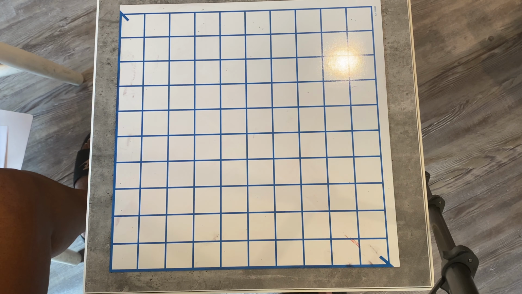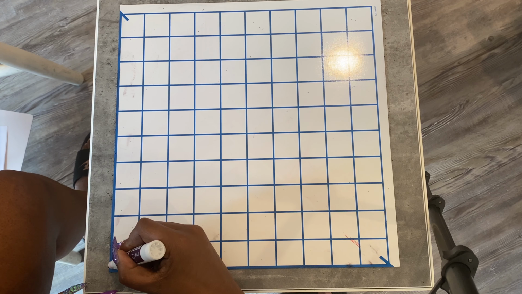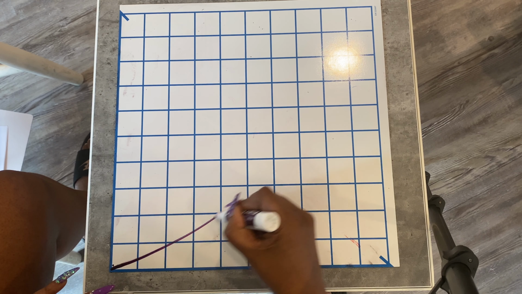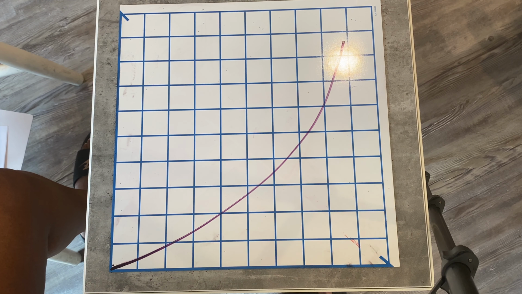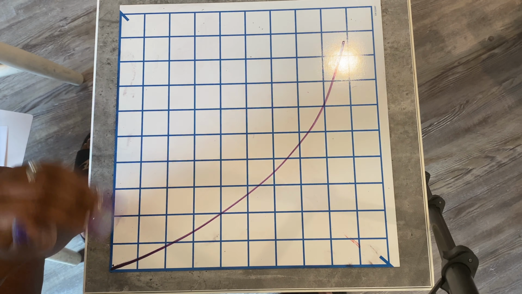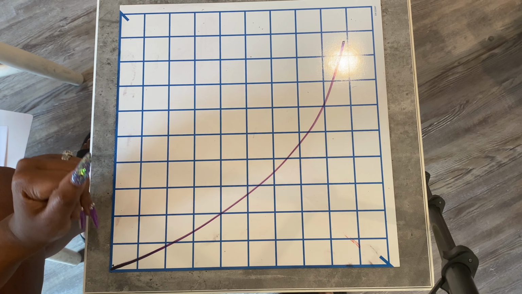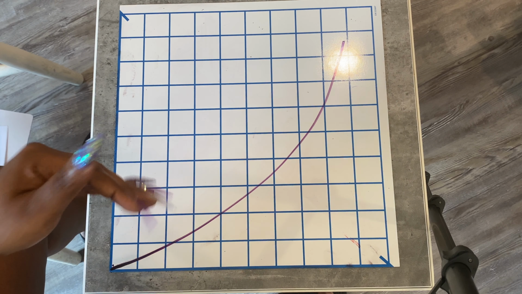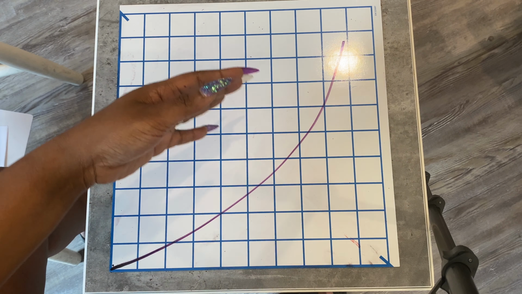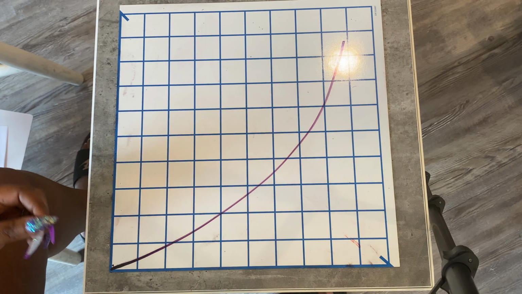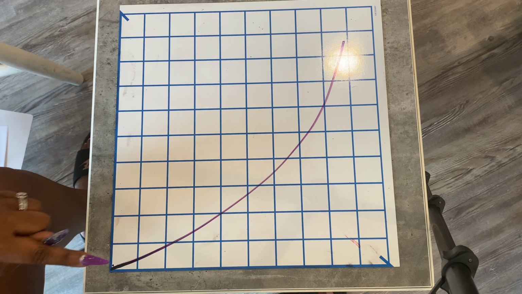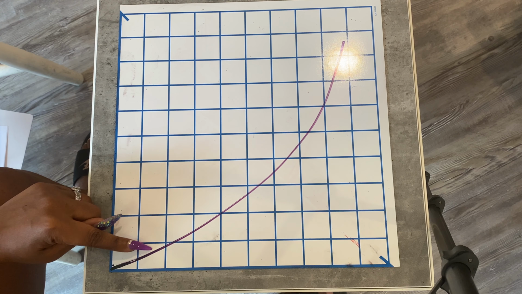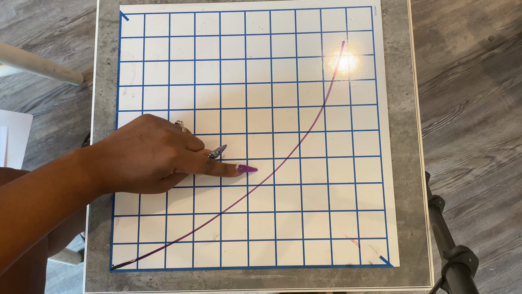Let's look at one that is doing this. Okay. All right, Miss T. Well, I already know that this is not a linear graph, which means there is not going to be a constant rate of speed. So I'm looking at something that started off and then the speed got higher and higher.